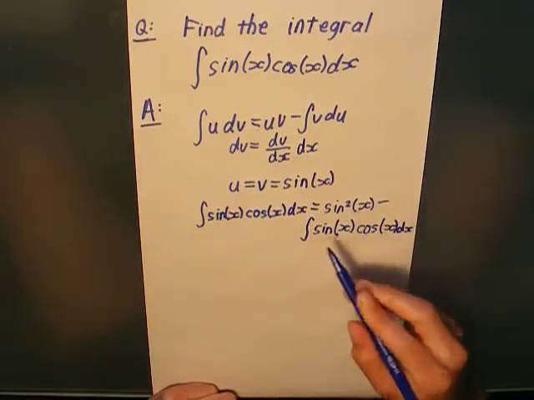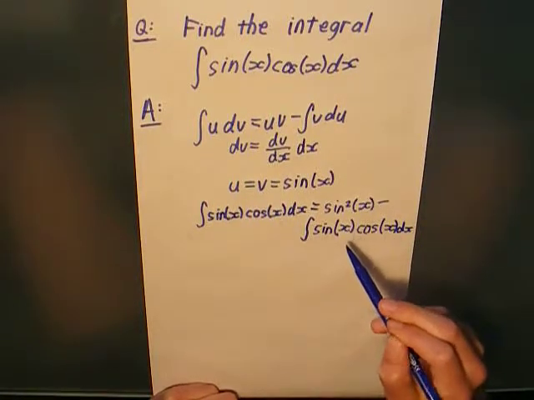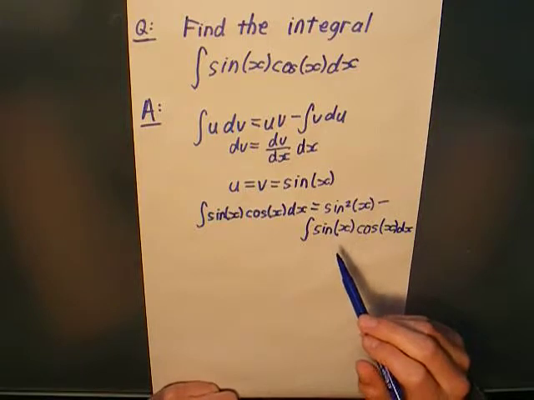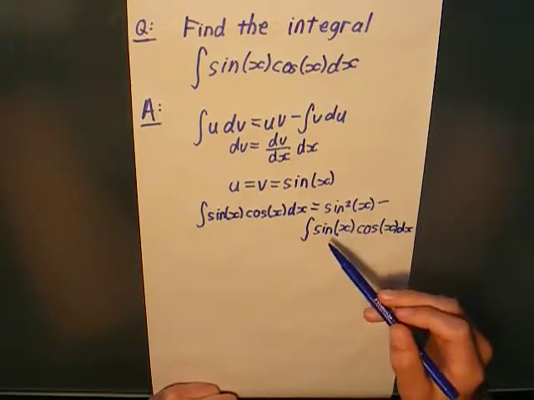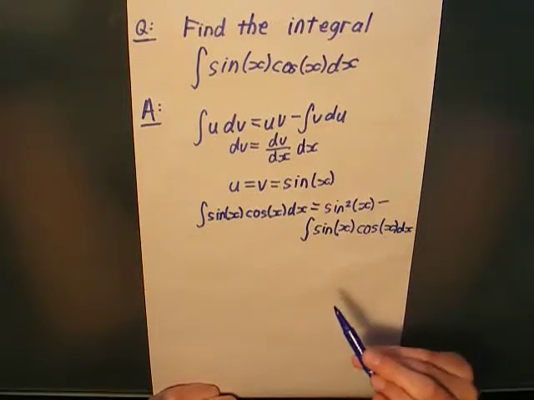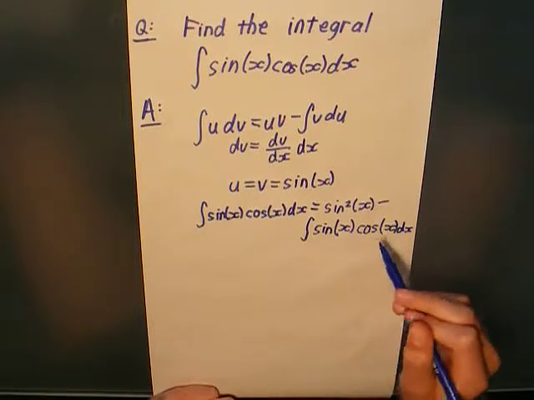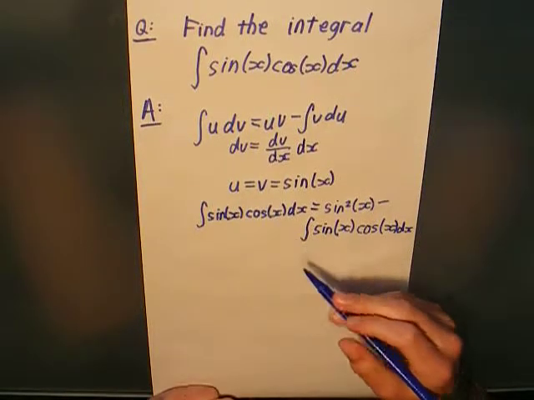So you look here, you can see I've actually got the same integral on both sides. Now you may be wondering, what should we do here? This doesn't seem right. But it's fine. So all we need to do is add this, take down to this side.